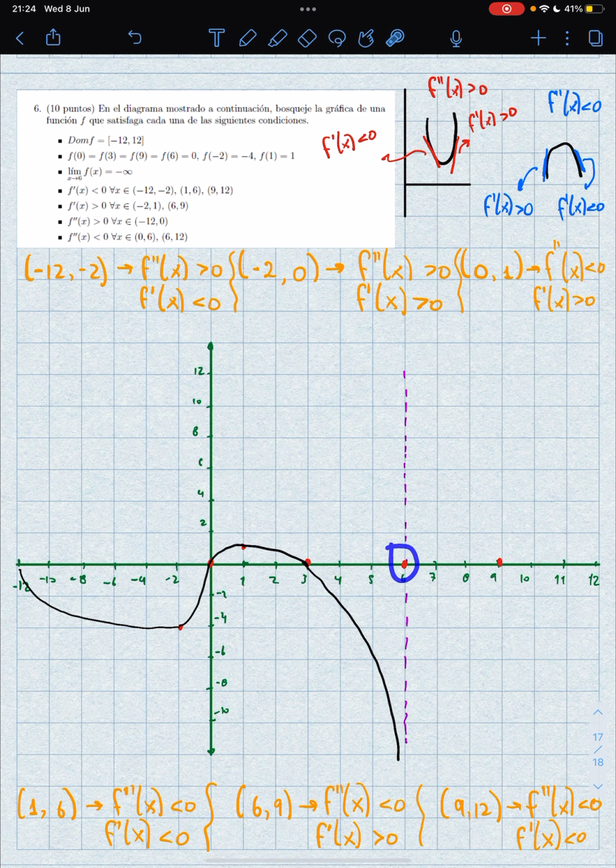Don't pay attention to this point, because imagine if I start over here, then the limit when x goes to 6 doesn't exist, because remember that for a limit to exist, the limit when x goes to 6 from the left needs to be equal to when x goes to 6 from the right. It needs to be the same value of the function. So probably you need to start over here, and remember we are over here. So I'm gonna have something like this.